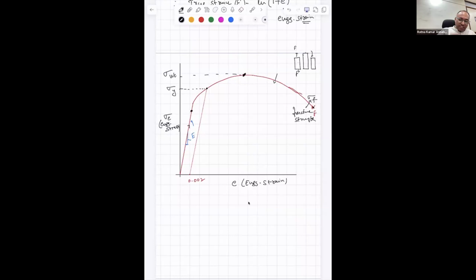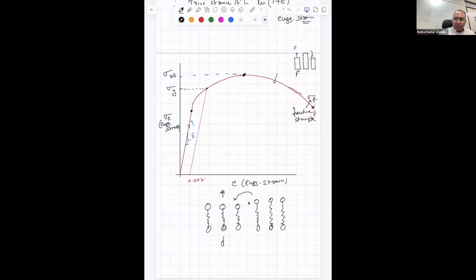Because when you are stretching, microscopically, I am applying load, right? Then what is happening? These bonds are getting stretched. When I am removing the load, these are going back to this configuration.